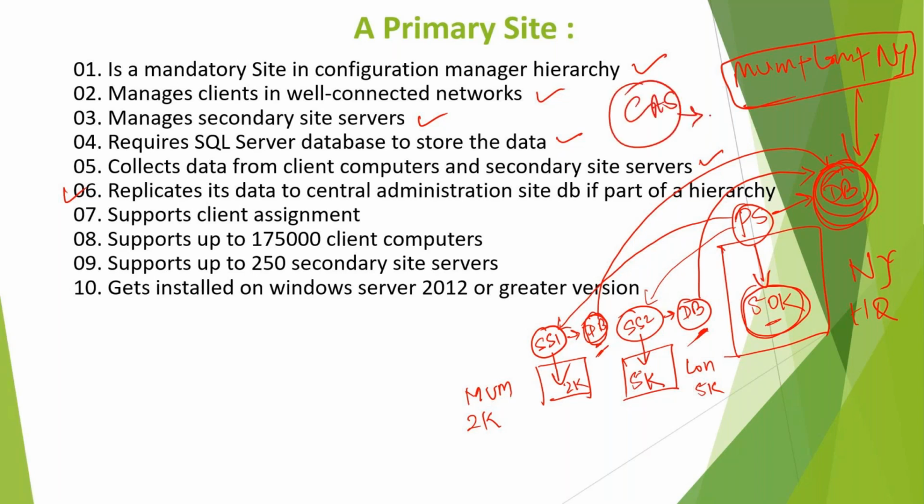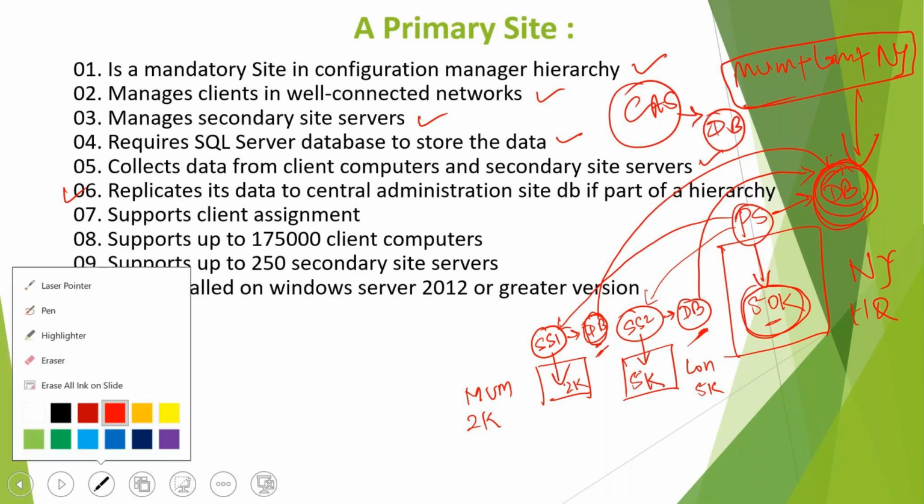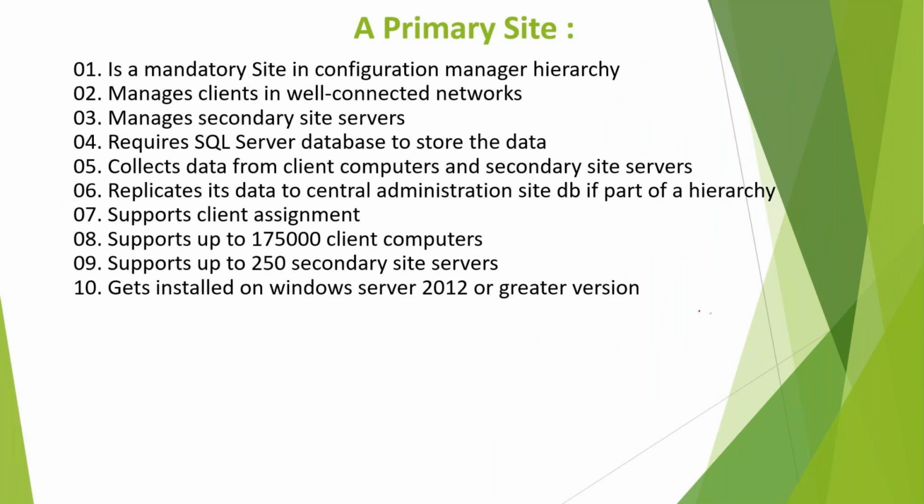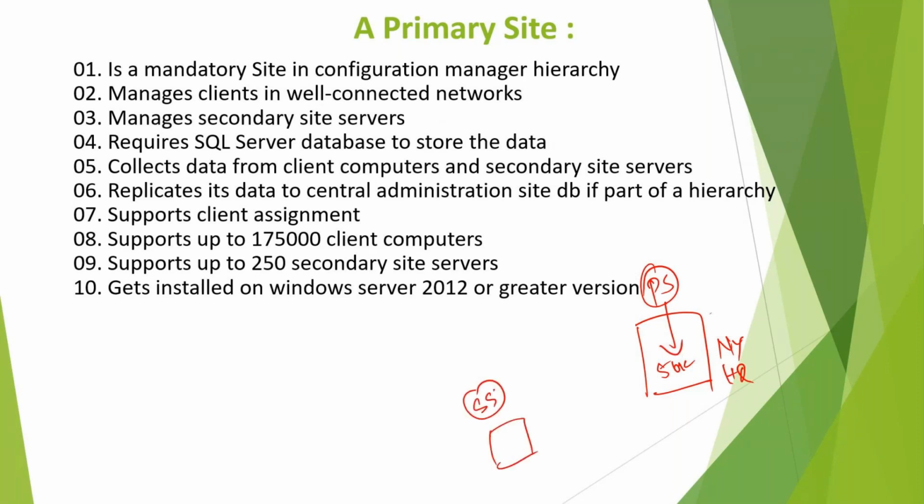The diagram is very crowded here, so let me draw again. Suppose you have New York headquarter, 50,000 devices, which the primary site will be managing, and we have a secondary site, secondary one, which has a database and is managing all the devices in Mumbai. For example, this one is Mumbai, right?